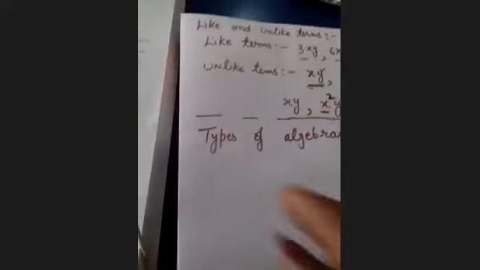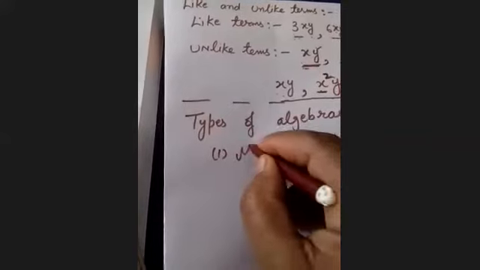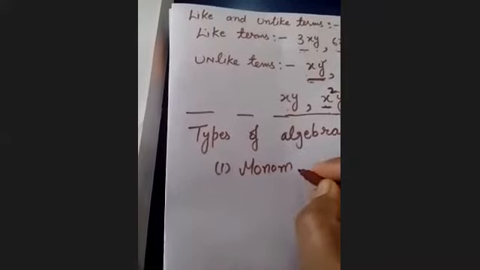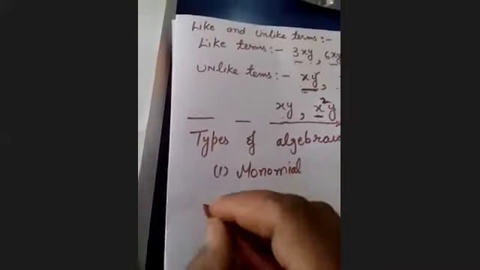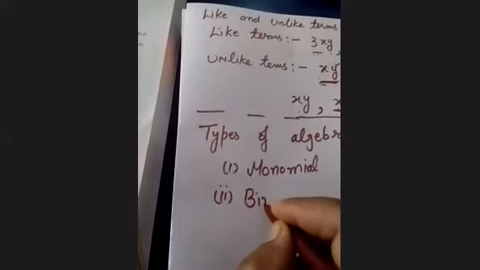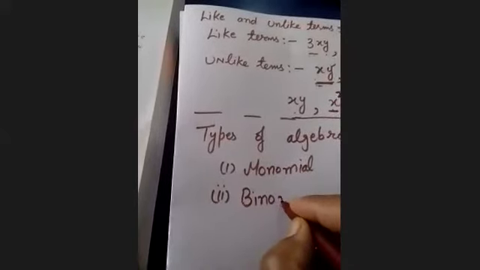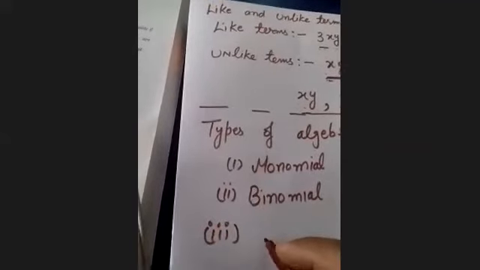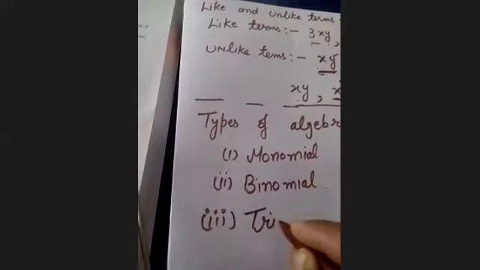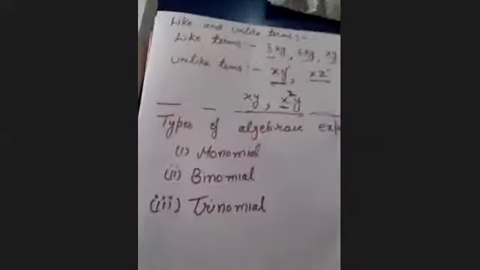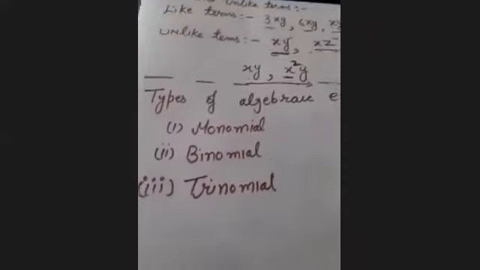First type is monomials. Second type, binomials. Third is trinomials. Yes, friends. These are three types of algebraic expressions.